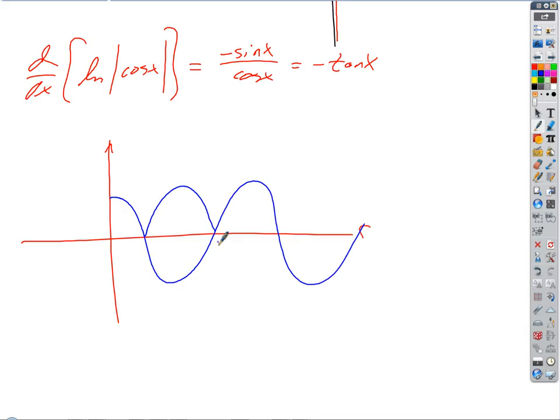And so if you're taking the natural log of that, it's still going to be defined as this ratio though, because there's no real good way to articulate this.